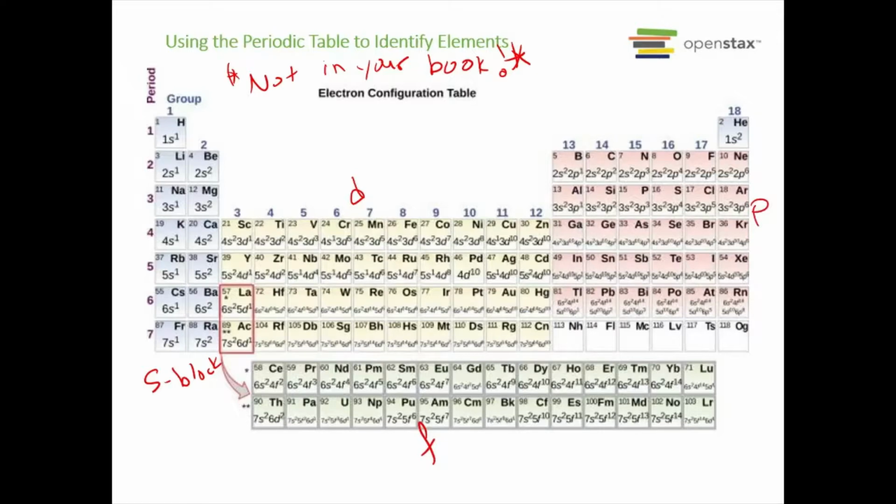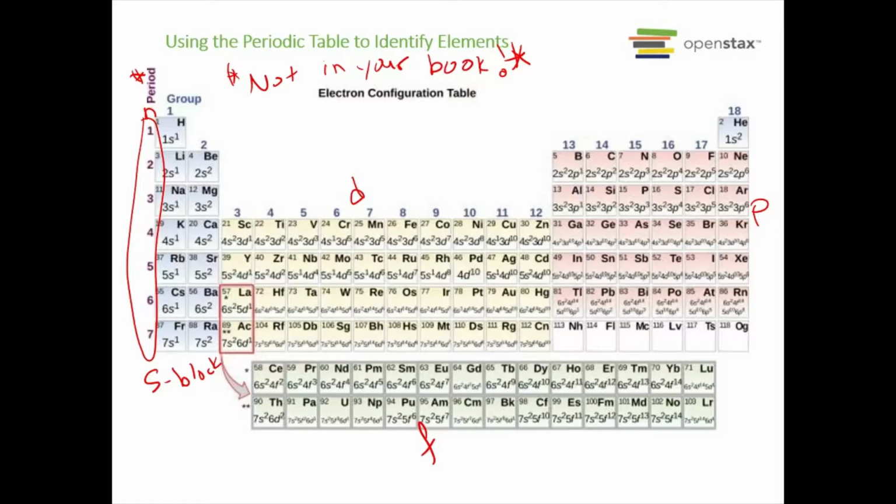You can use these letters and the period number to figure out some configuration information. The period numbers are your n's. These are your energy levels.